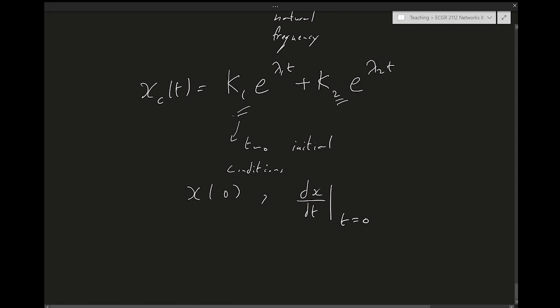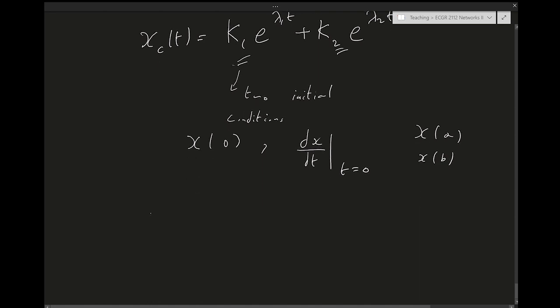We could also pin down the solution by having 2 boundary conditions, meaning if I know x at a and x at b, I could also pin down k1 and k2. The point is that if I do x at 0, that's going to give me k1 plus k2. If I do dx by dt, what's dx by dt? That's going to be k1 lambda 1 e to the lambda 1 t plus k2 lambda 2 e to the lambda 2 t.